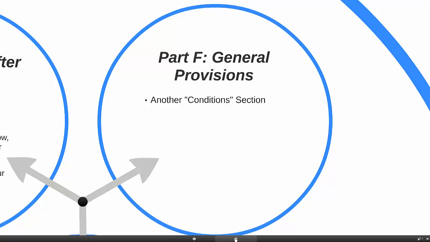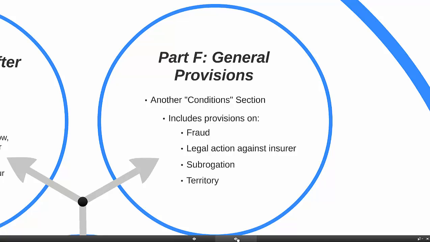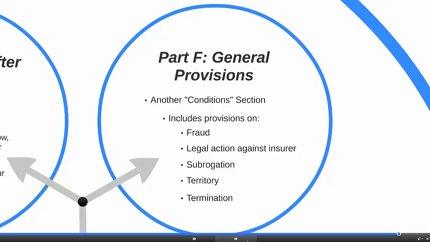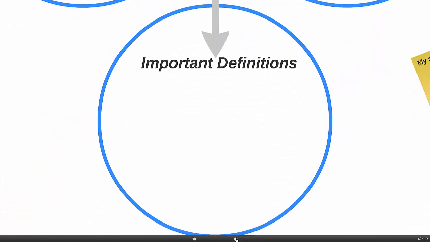If you go back to our discussion on analysis of insurance contracts, this would fit into the conditions section. It includes provisions on fraud, how to file a legal action against the insurer, subrogation, and the territory and termination. By the way, in terms of territory, you're covered if you drive into Canada or anywhere in the US, but not into Mexico.